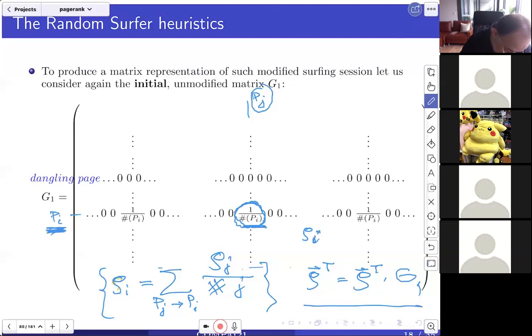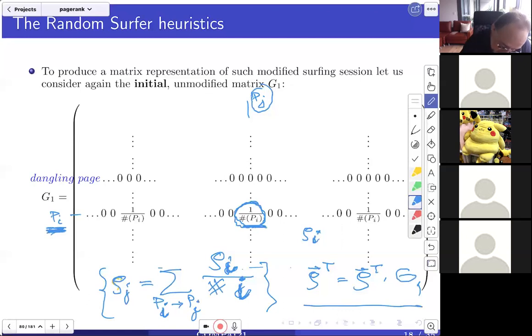I messed it up here, so let me put j and i here. Sorry about that, I flipped the meaning of i and j. Now it matches what's on the slide.